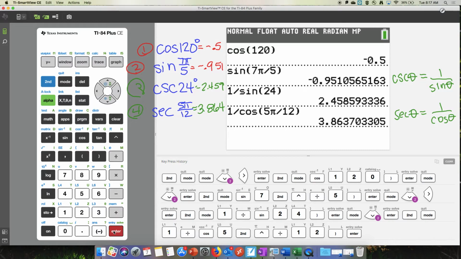Then the second part is an actual triangle with some numeric values, where I want you to fill out the triangle and fill out the 6 ratios. On the back of this green piece of paper, I want you to draw a 30, 60, 90 triangle and a 45, 45, 90 triangle.